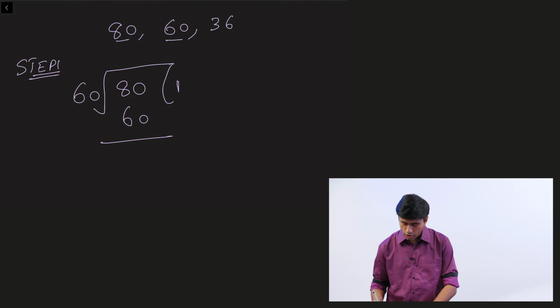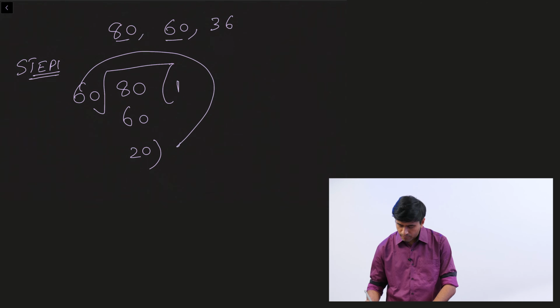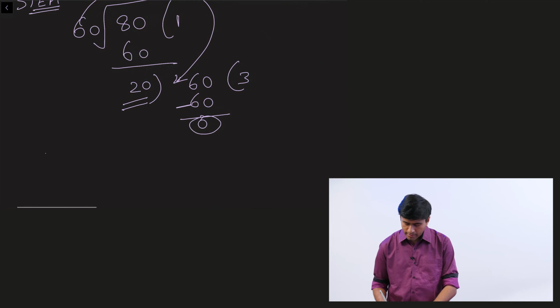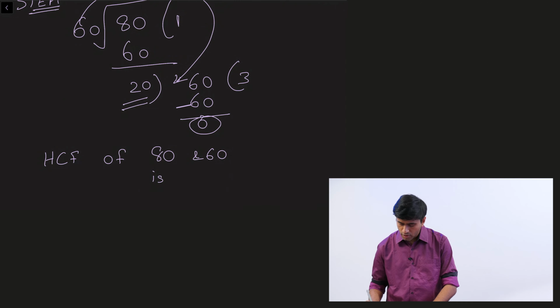If you remove that, 20. Remember, we bring 60 all the way here. And the remainder becomes the divisor. 20 goes 3 times into 60. That's it. This is your first step. So HCF of 80 and 60 is 20.